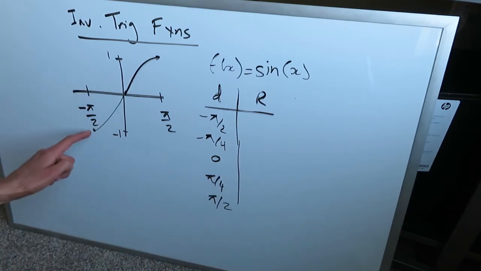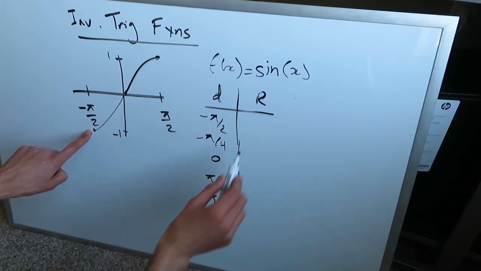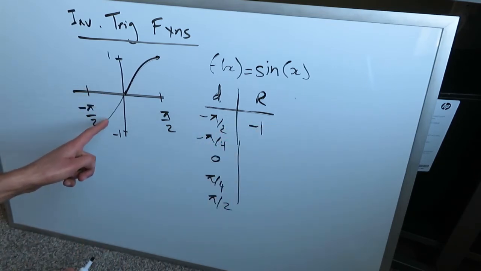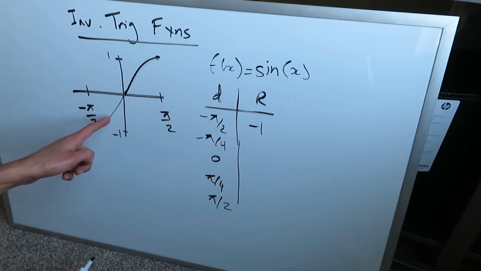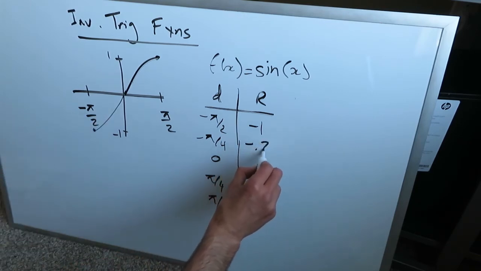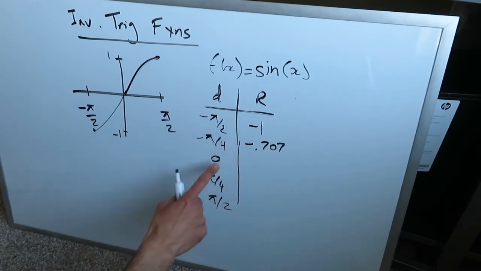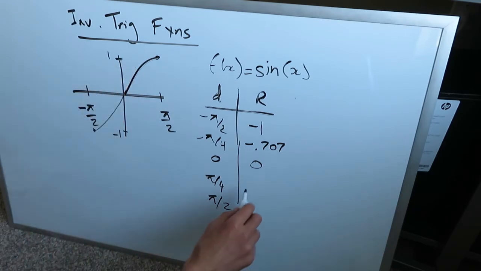When we have a minus pi over 2 for a sine wave, we have a range value of minus 1. This is your y value. For minus pi over 4, sine of minus 45, you get minus 0.707, which is minus 1 divided by root 2. Sine of 0 is 0. Sine of 45, you're going to get 0.707. Sine of 90, you get a positive 1.